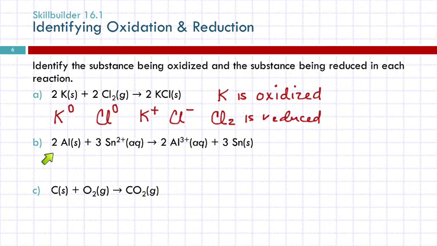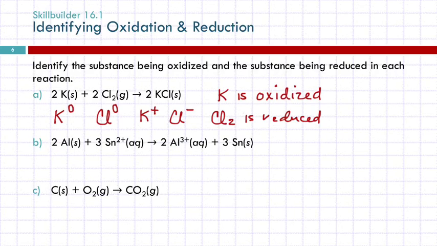So let's look at B. Here we have aluminum reacting with tin ions to form aluminum ions and tin. So of these two here, aluminum or Sn2+, which one is losing electrons? The aluminum. The aluminum is going from a 0 charge to a +3 charge.